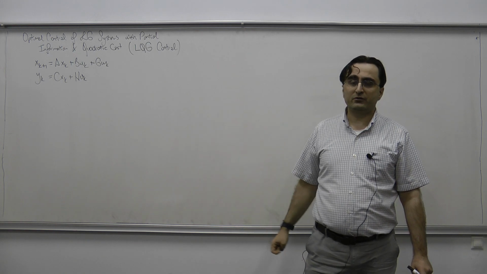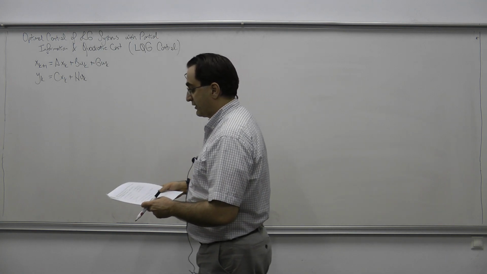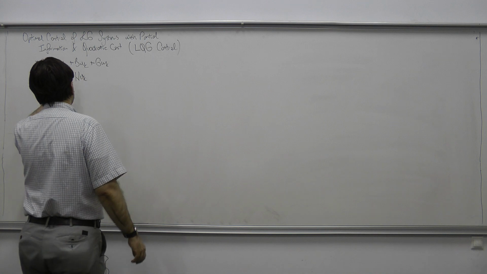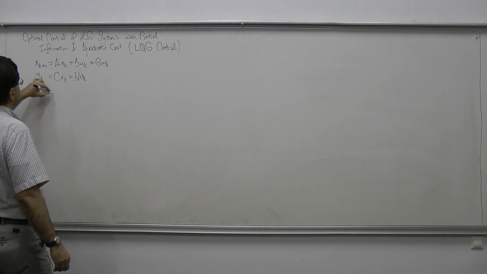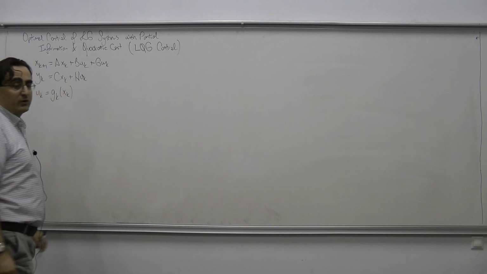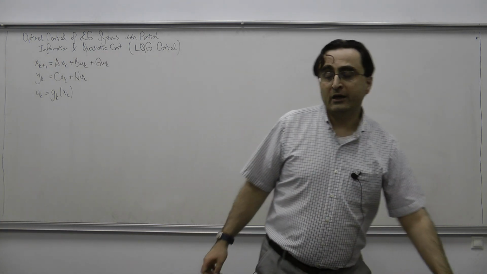There is still a measurement noise. So we have really partial information in this case. And in the earlier case of optimal control for this type of systems, we also had uk equal to Gk xk. This was the feedback rule that we used in the earlier theory.